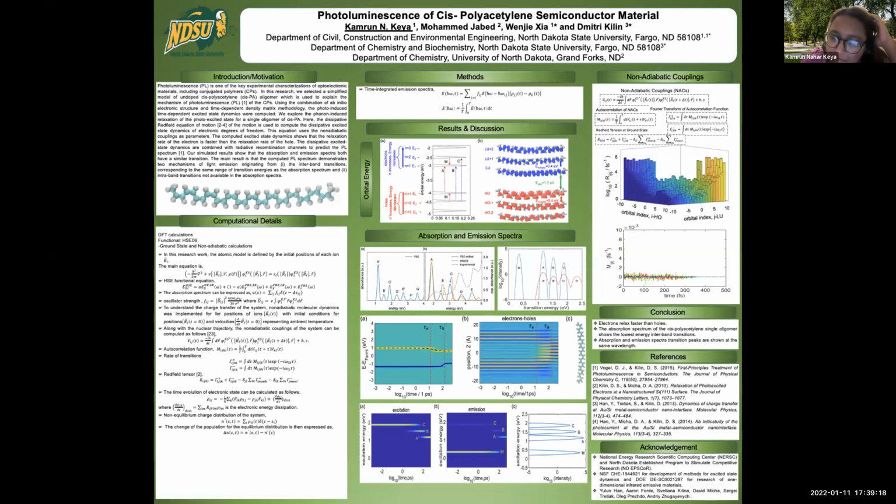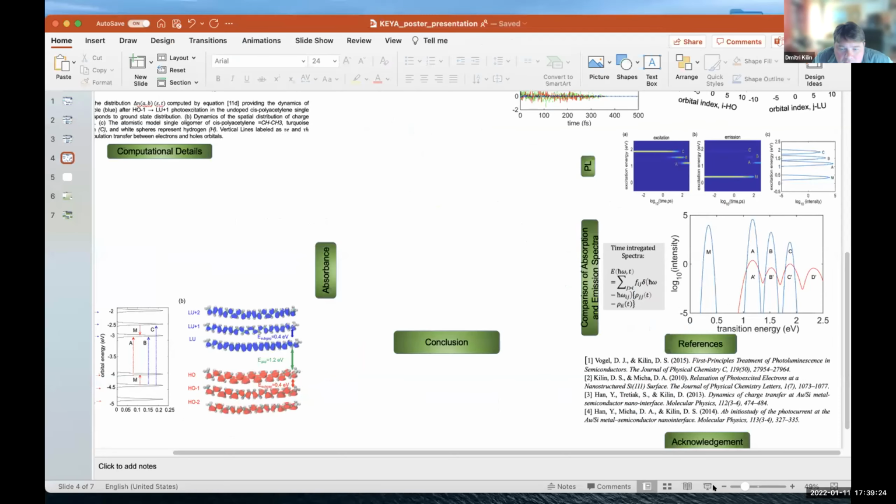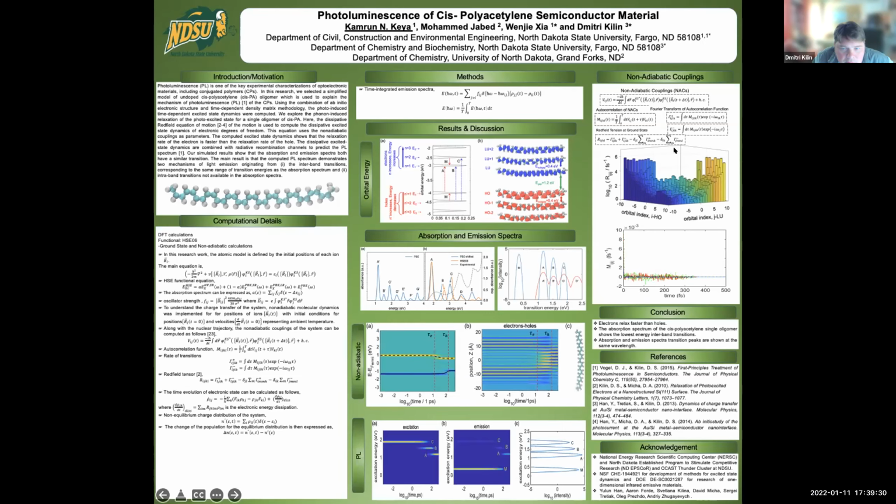This figure. This non-adiabatic coupling explains dynamics in general for everything. But is there anything else? Why, upon relaxation, are both electrons and holes condensed at the center of the polymer? This one actually explains it. Exactly, figure B.